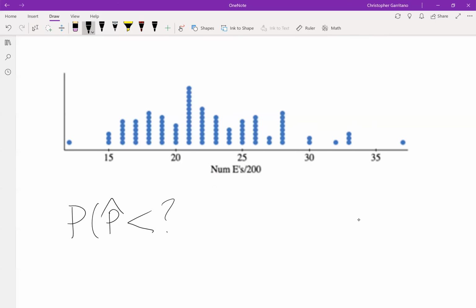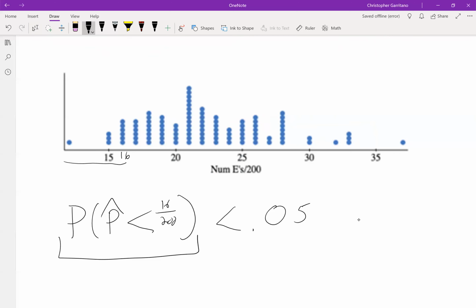So we would observe some p hat, and we want this probability to be less than 0.05. Well, let's say we just chose 16. And we said, let's say we replace this question mark with 16/200. Well, what's the probability based on this simulation that p hat is less than 16/200?